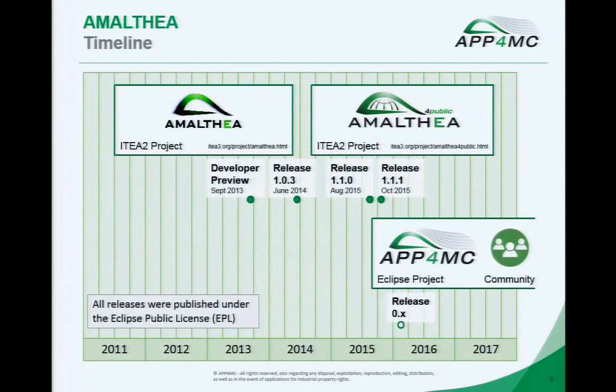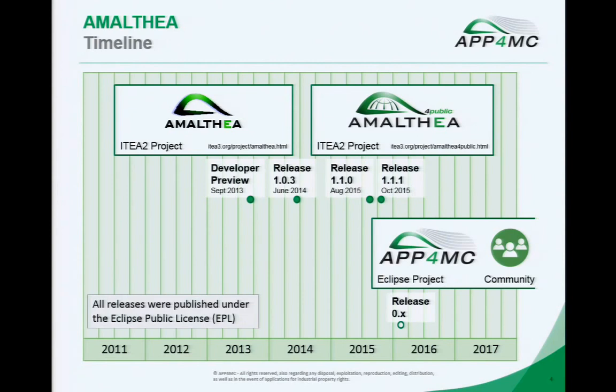So at the beginning, we started a publicly funded project already in 2011. So it was a European funded project, and we started to develop the data models that are now the basis also of this project. We had a clear contract with all the partners to publish our results as open source.